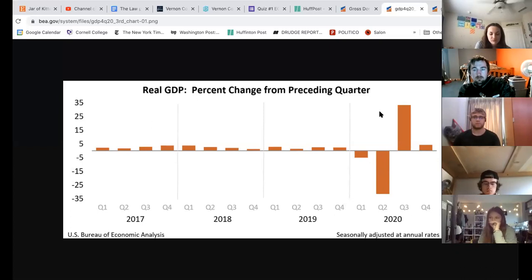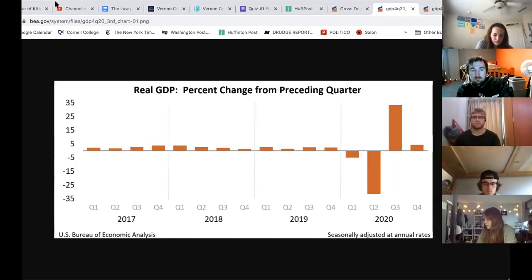Most economists are expecting very, very strong GDP growth rates for the first part of 2021. We do not have the data from the first quarter of 2021, which will be coming out very shortly. But economists expect some very big positive changes as we essentially catch up from COVID.